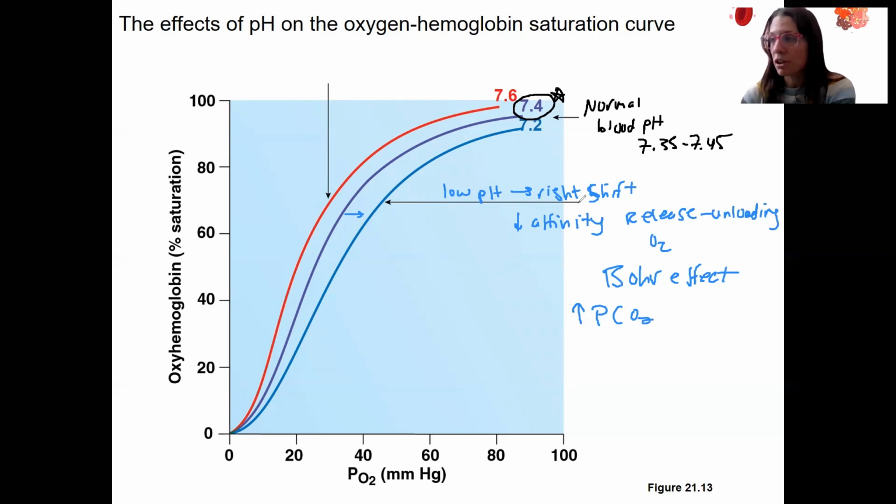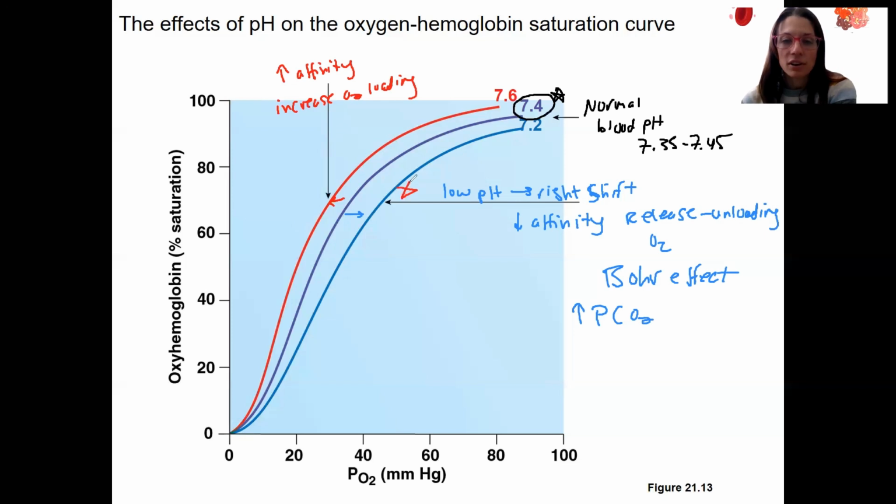And then the opposite direction, the opposite is true. So a higher pH, an increase in pH, is going to mean higher affinity. So this is going to increase loading and would be due to the opposite: low PCO2, high pH.